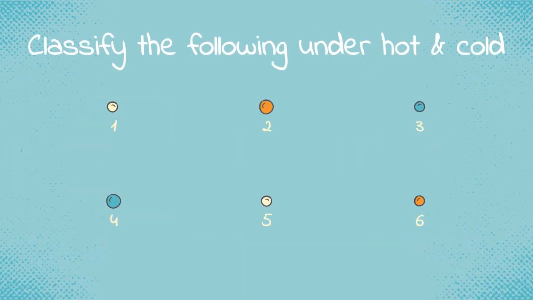We're going to go through and classify these 6 different things into either hot or cold. Ice cream. I'm going to give you a little bit of time to decide what you think, and then I'll tell you. Is ice cream hot or cold? Is fire hot or cold? Fruit juice, hot or cold?